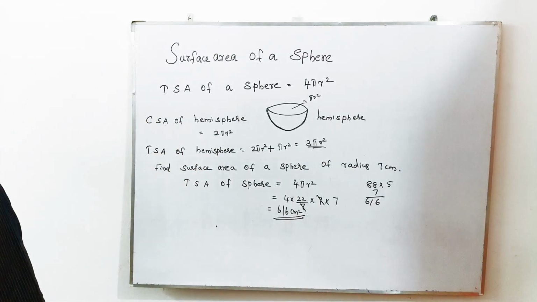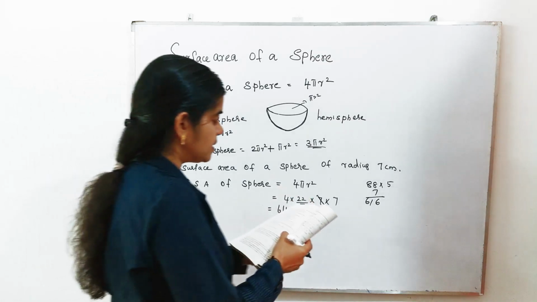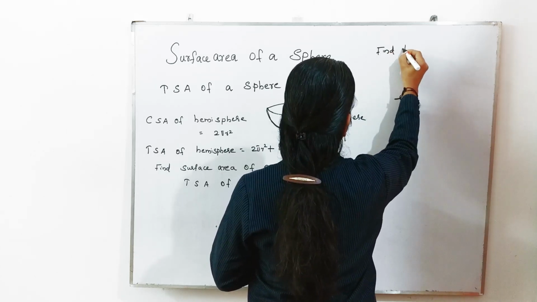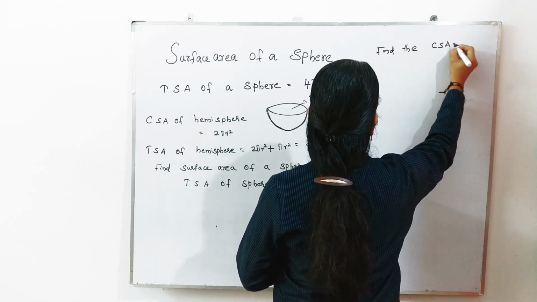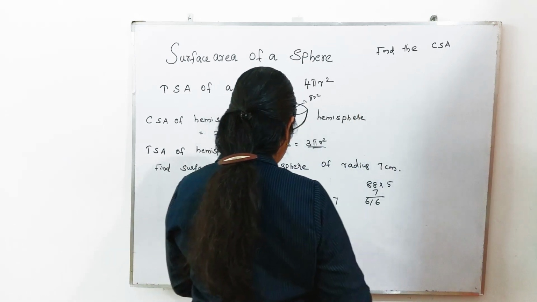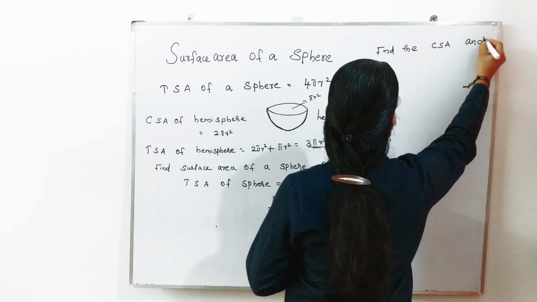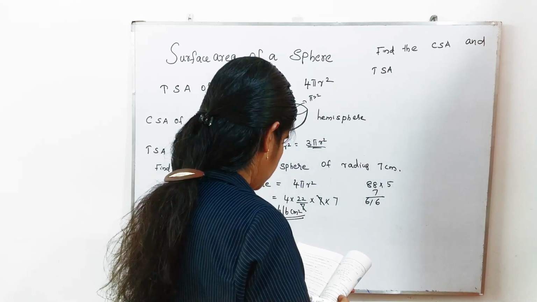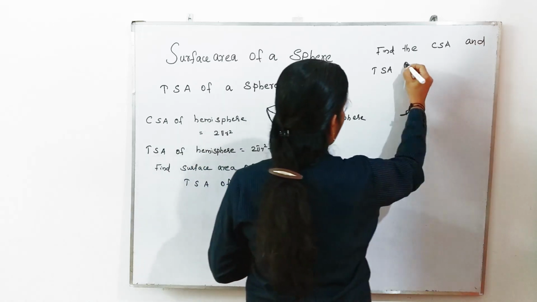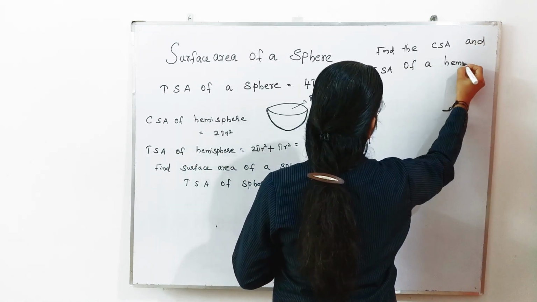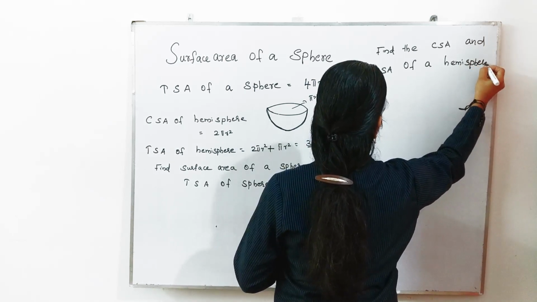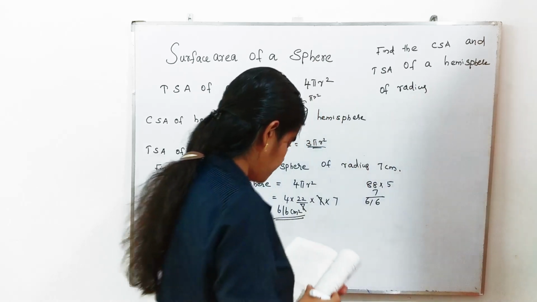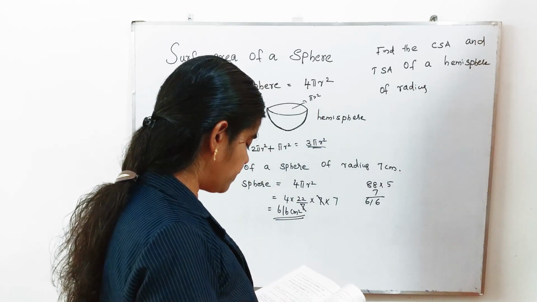We can do one more question. Find the CSA, curved surface area, and TSA, total surface area, of a hemisphere of radius 21 centimeter.